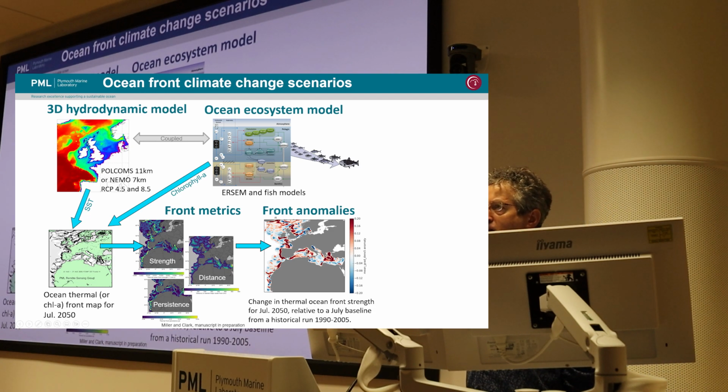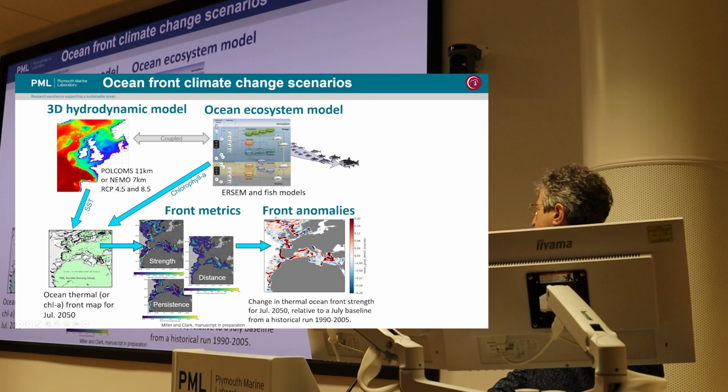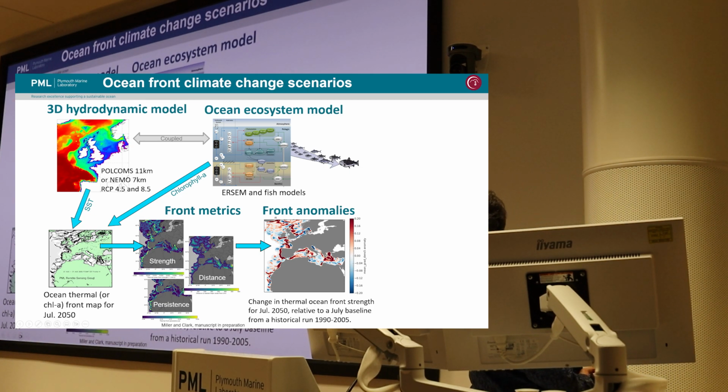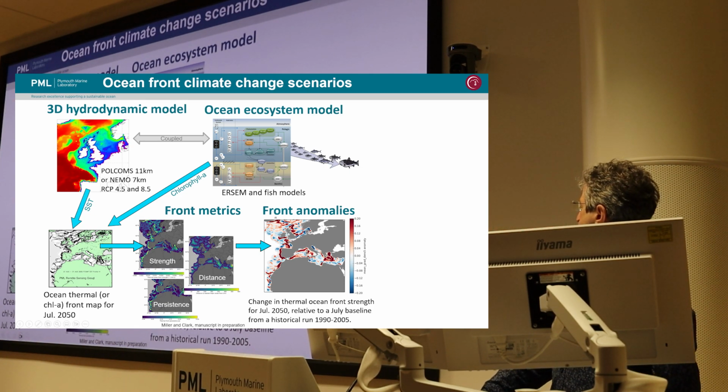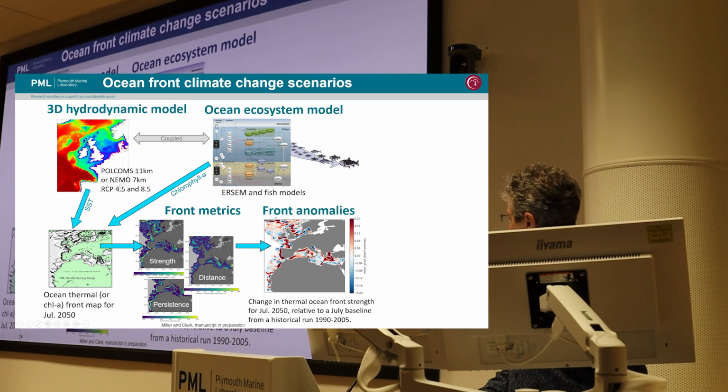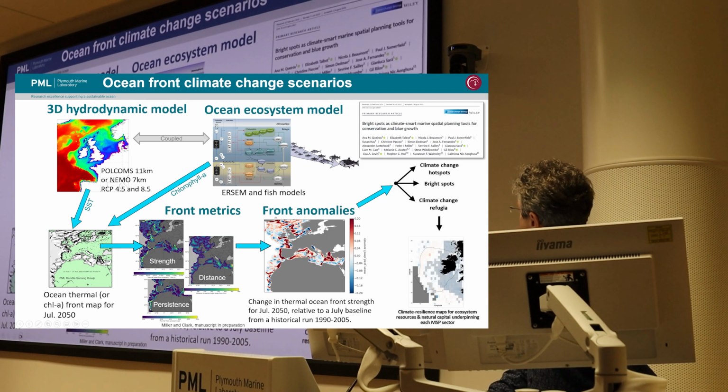changes, the difference according to a baseline. So yeah, the blue and the red areas where there's significant changes is just an example from some work in preparation. But this work's already fed into Anna Kerosh's study of climate-smart marine conservation.